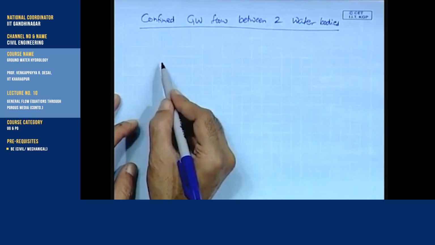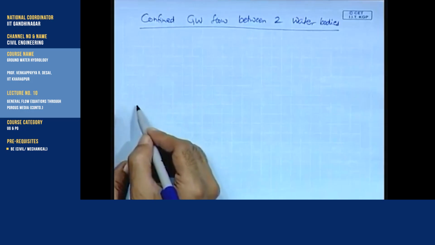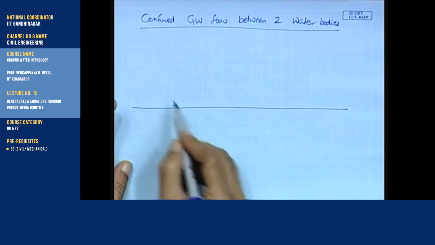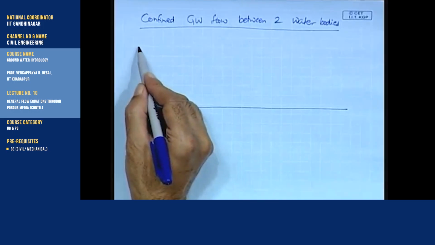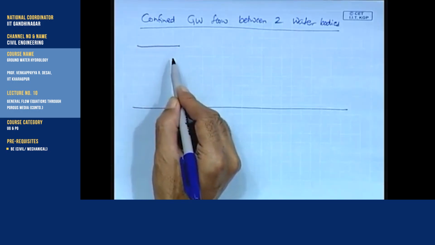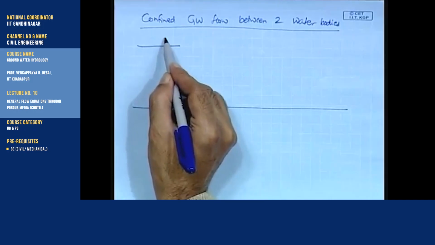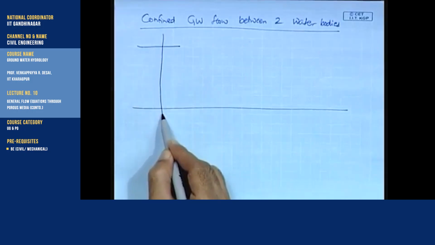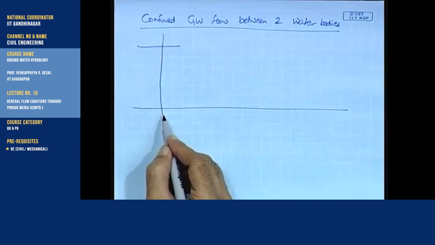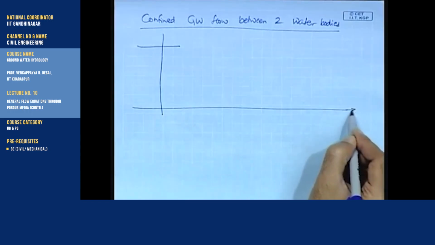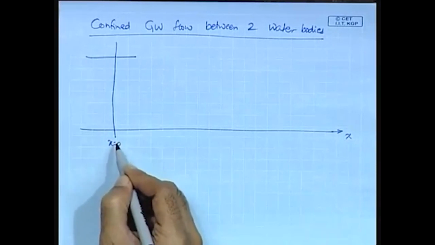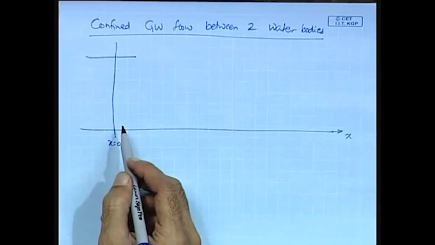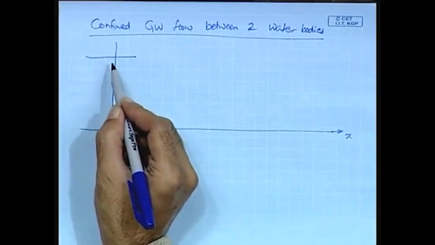So, here let us say this is the upstream water body. Let this be x, and this is x is equal to 0.